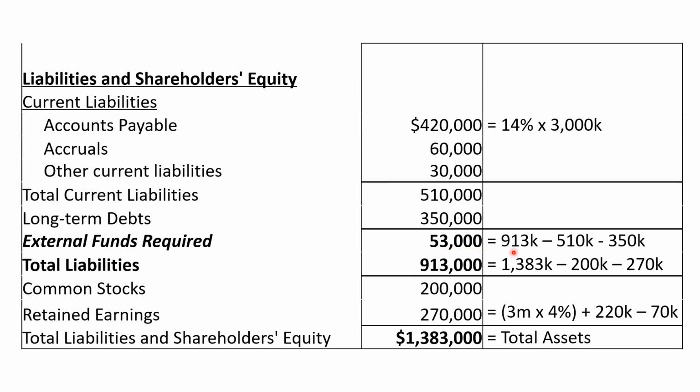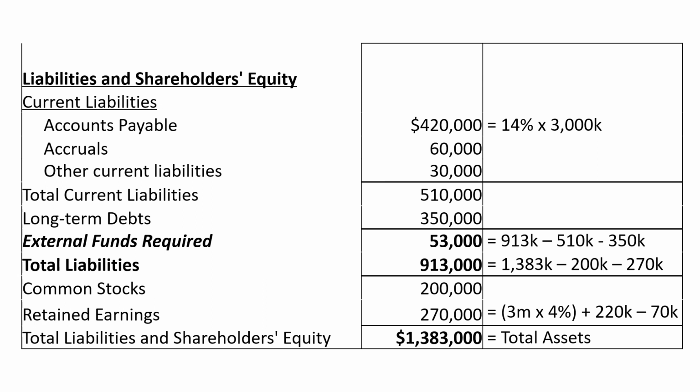From here, 913k minus 510 and 350 gives you 53,000. This is the positive plug figure. This will be the external funds required. Any questions so far?